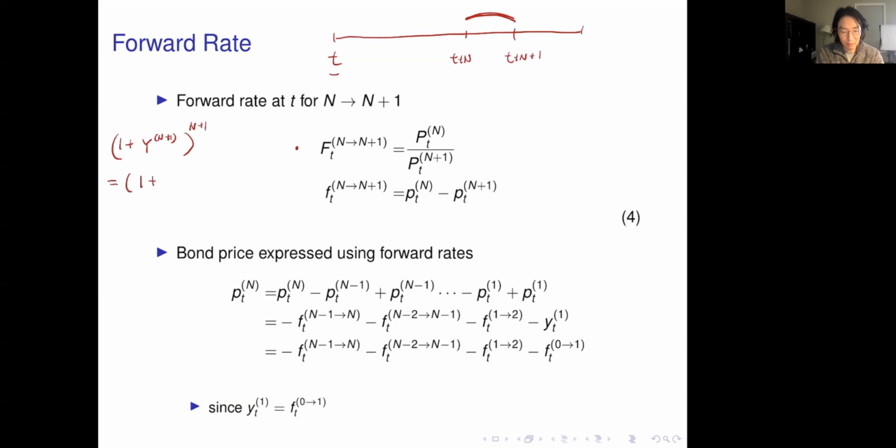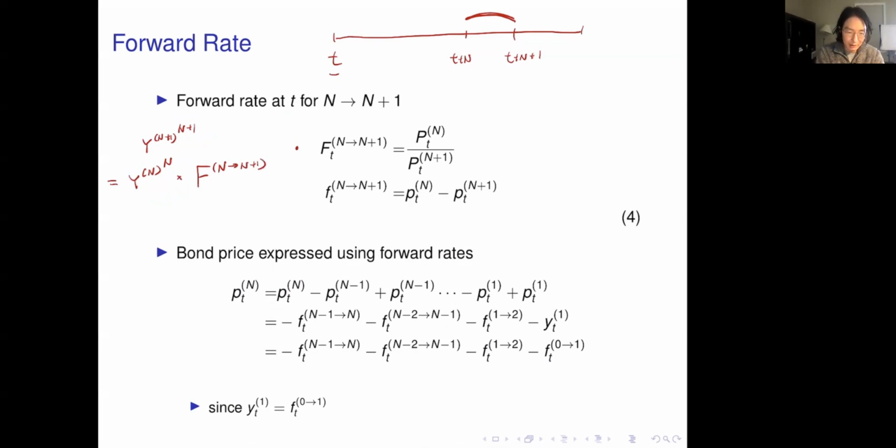Alternatively, you can do an n year loan, times, I'm sorry, there should be no, times the forward rate that is going to apply from n to n plus 1.